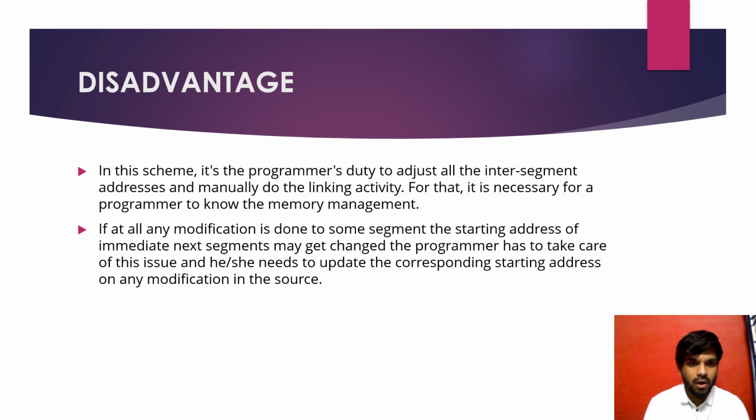Next, if any modification is done at some segment, the starting address of the immediately following segments may change. The programmer must take care of this issue, as he or she needs to update the corresponding starting address on any modification of the source. For example, if there are modifications or corrections to be made in the source code and it extends the addresses, then the programmer must know the extension limit and change the memory specified in the object deck.